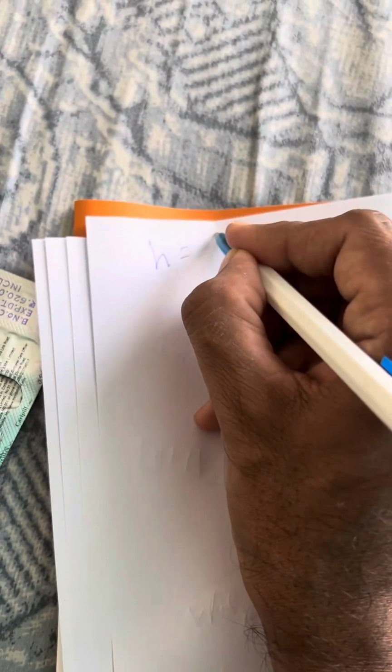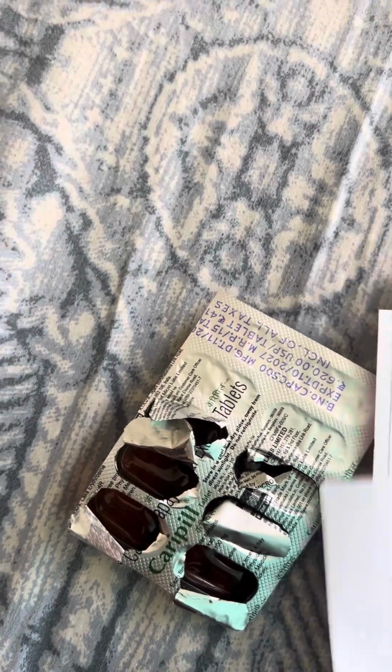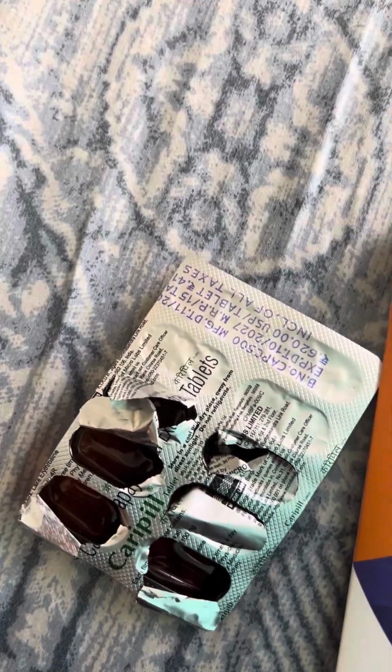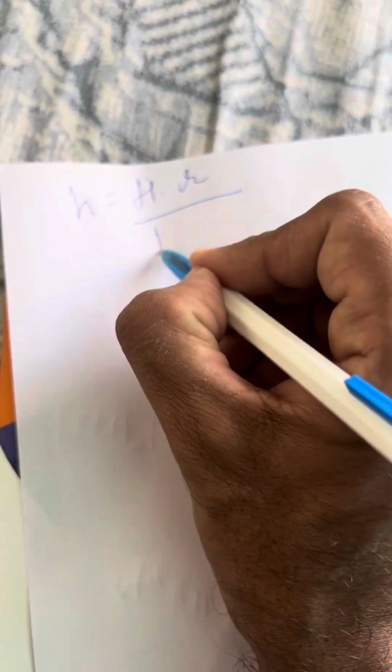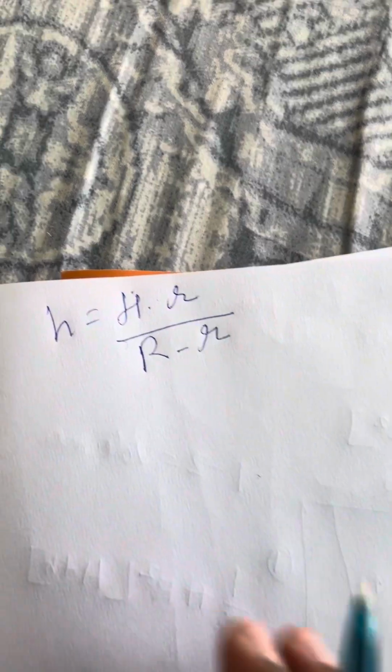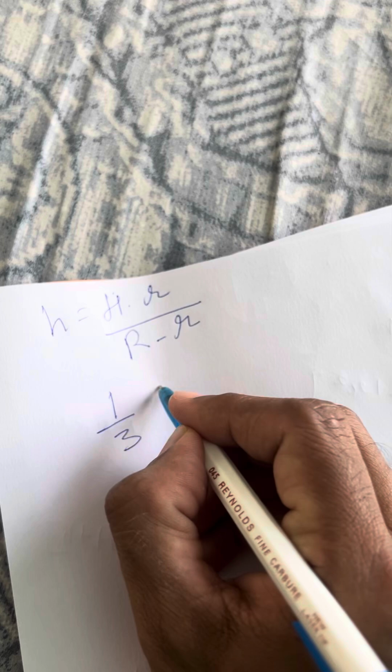Let me note it down here. h is equal to H r by R minus r.